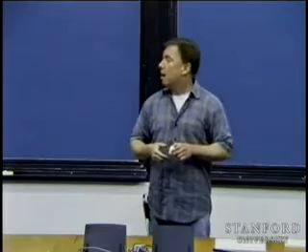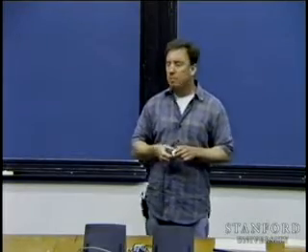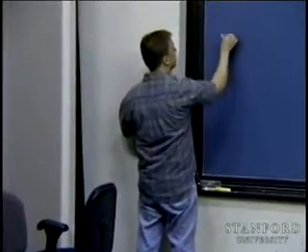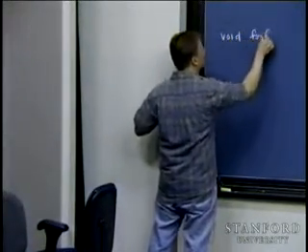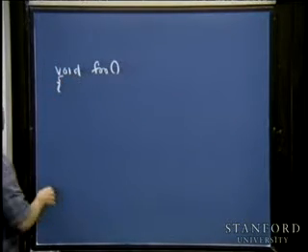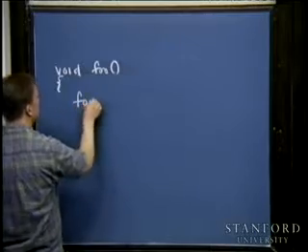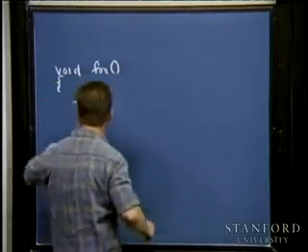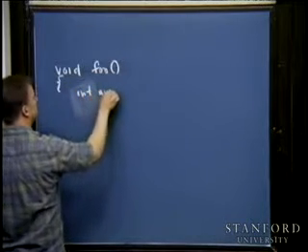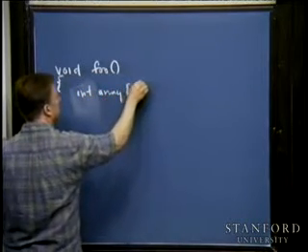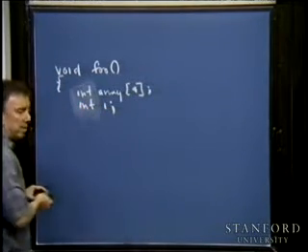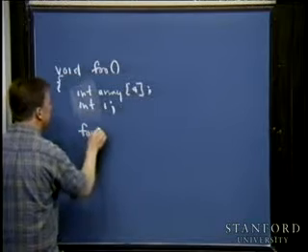Okay. I left you last time with this example, but I got several questions about how it worked, which probably means that I rushed through it in the last 5 minutes of class, which is probably true. We had something like this, where I declared an int array of length 4, an int i to serve as a for loop index, and then I'm just going to go do this.